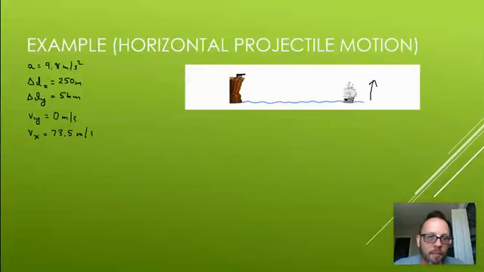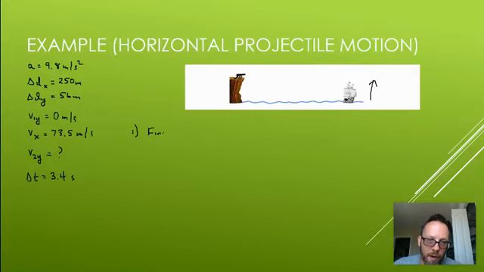The one thing we need to get the impact velocity is the final vertical component of speed. We don't need a final component of horizontal speed. It's always the same. It's 73.5 meters per second. So this is what we need. And we know the time to reach the water, 3.4 seconds.